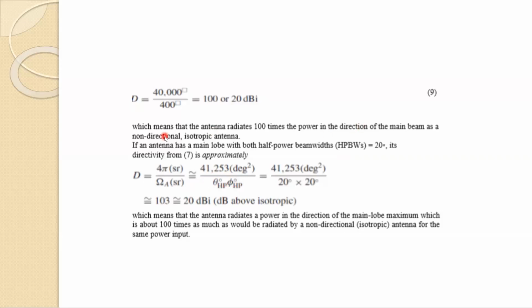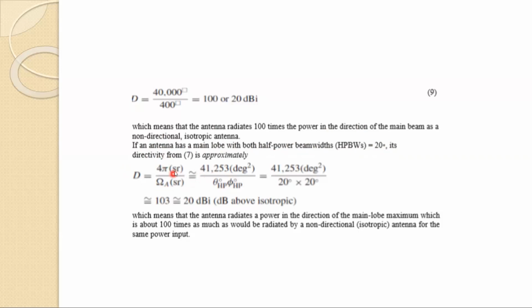What is the first problem? What is the task? If an antenna has a main lobe with half power beam width equal to 20 degrees, what is the data given? Half power beam width equal to 20 degrees. Our aim is directivity. Directivity equals 4 pi divided by beam area.